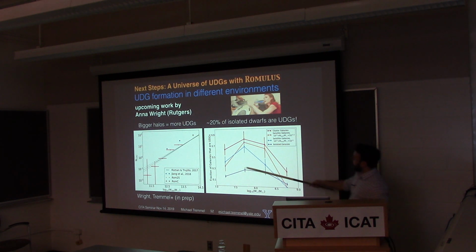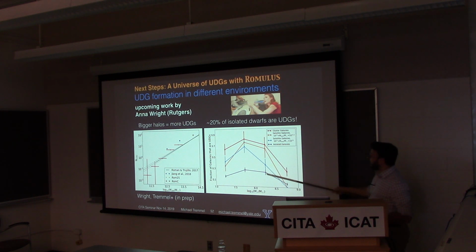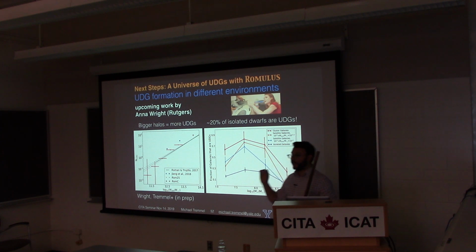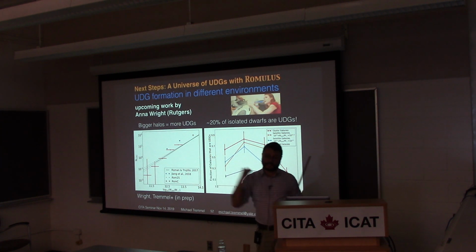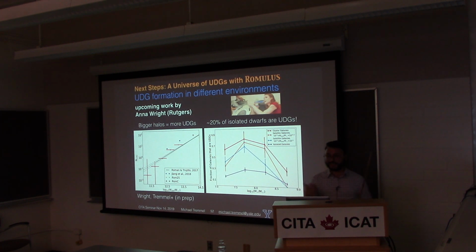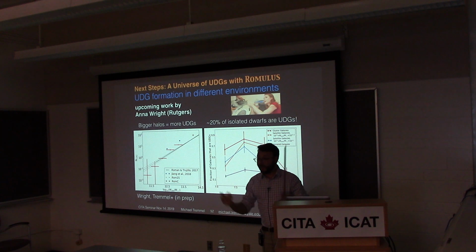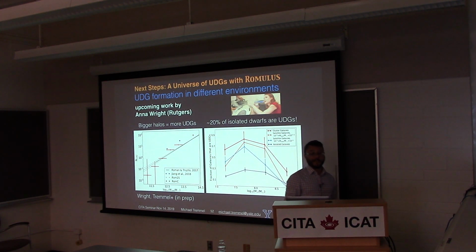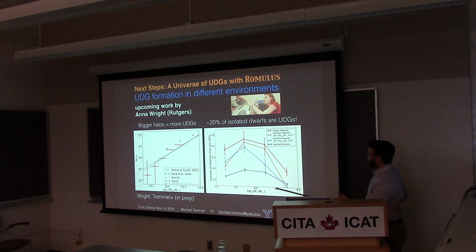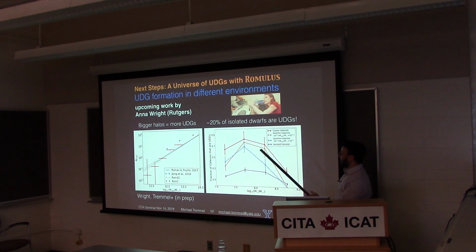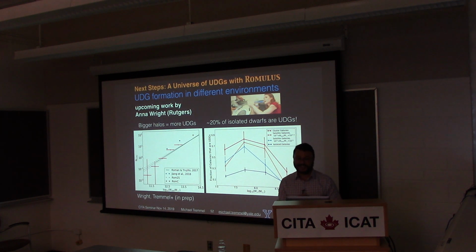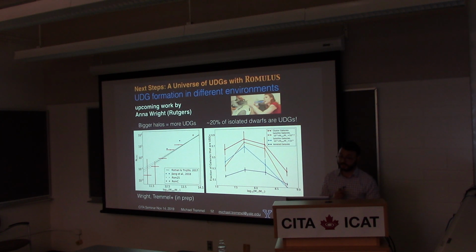And then we're also looking at a population of isolated galaxies that are UDG-like. And yet what we're seeing is that these isolated galaxies don't form due to ram pressure, and so they have a very unique formation channel. They're HI rich and they're highly star forming. We're trying to figure out more about where these isolated galaxies come from to make better predictions for upcoming low surface brightness surveys of isolated galaxies, which is exciting.